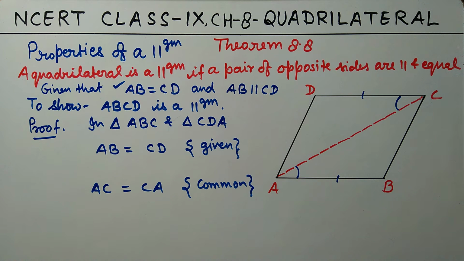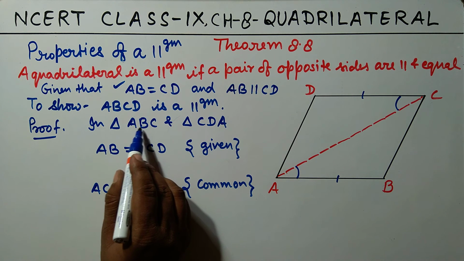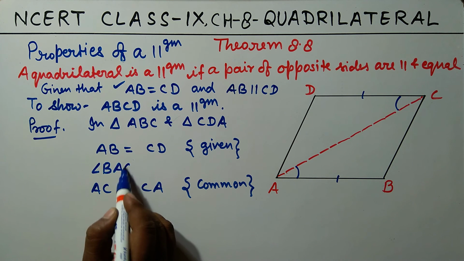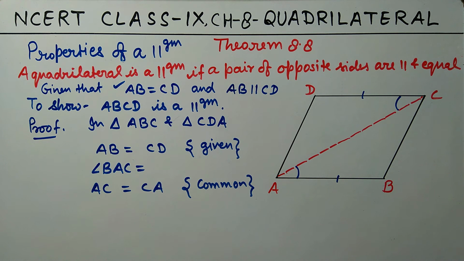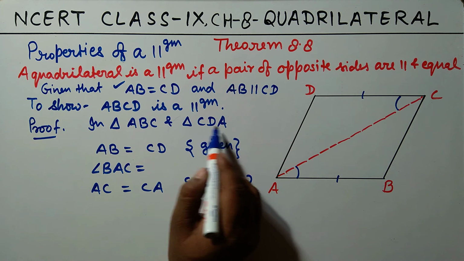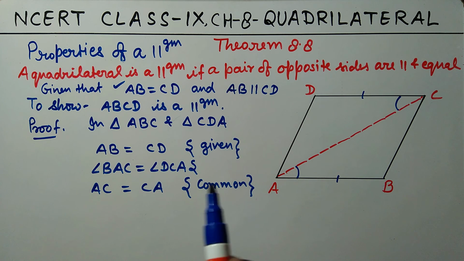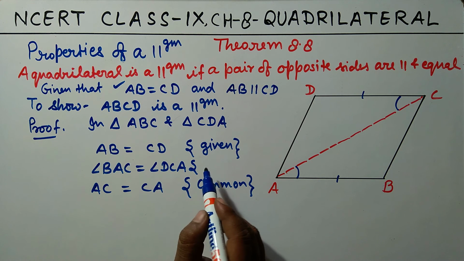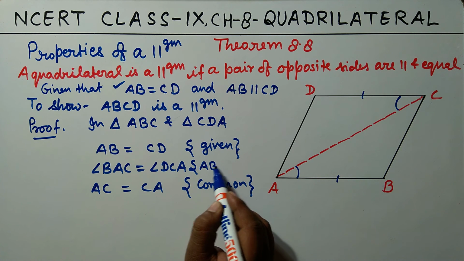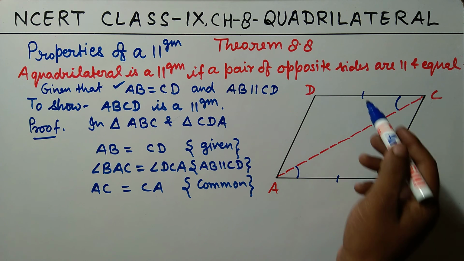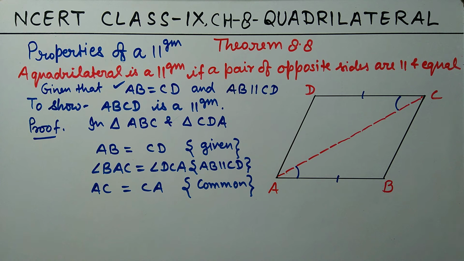And angle BAC is equal to what? Angle DCA. Why? Because AB is parallel to CD, so these two angles are alternate interior angles.